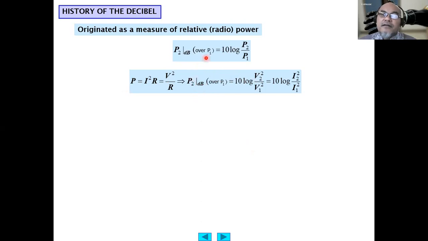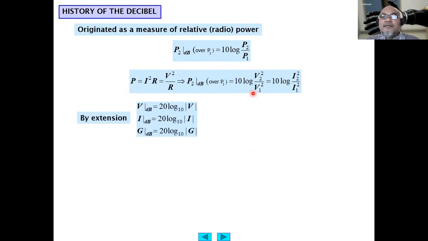Then P2 in decibels over P1 equals 10 log. If we express P as V squared, as in voltage, this becomes 10 log of V2 squared over V1 squared. Or in current, it becomes 10 log of I2 squared divided by I1 squared. And the square becomes a multiplication factor to the coefficient in front of the logarithm.